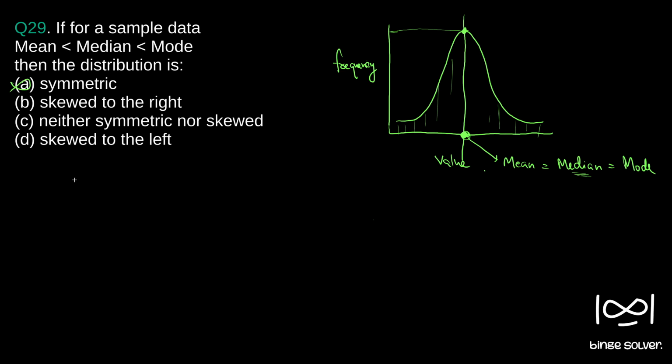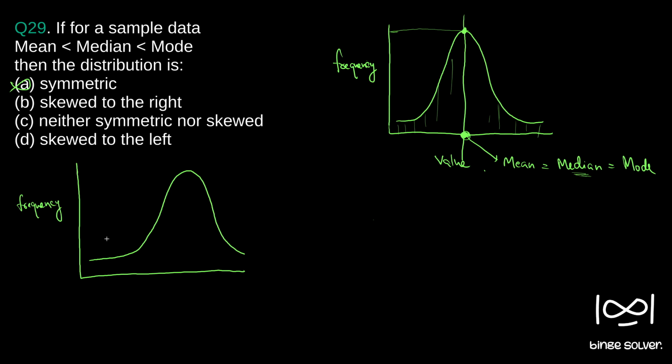So we will see another graph. Frequency, value. In this graph, as you can see, no vertical line will divide this graph into two equal symmetric parts.